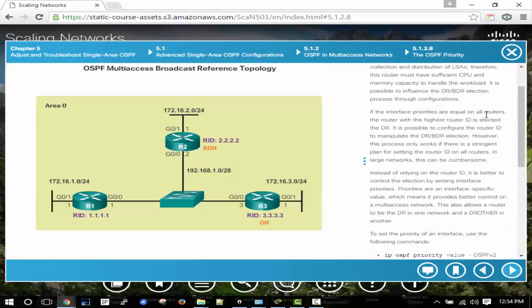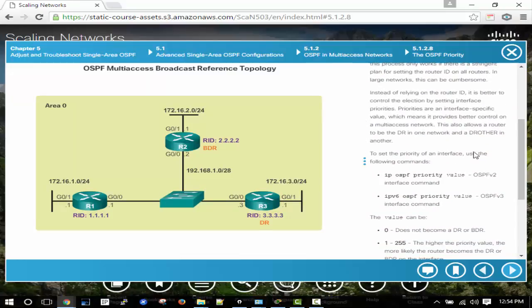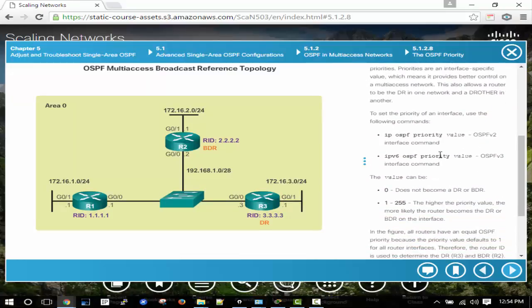Alright, so now we have OSPF priority. Right, I think they're talking about actually interface priority. Let me look here.